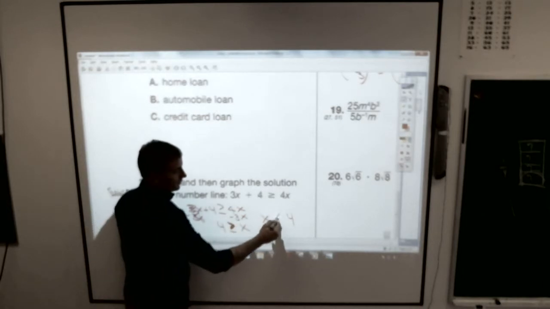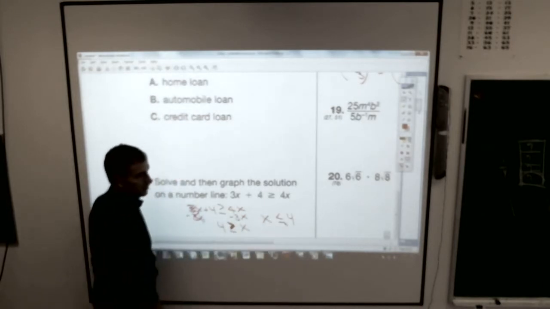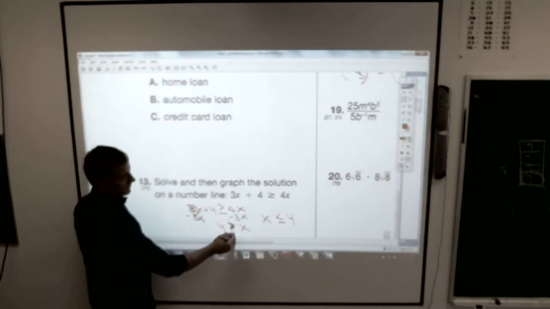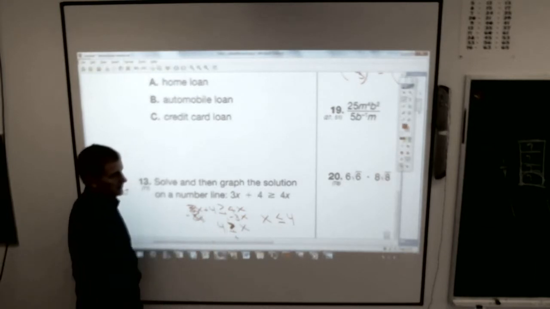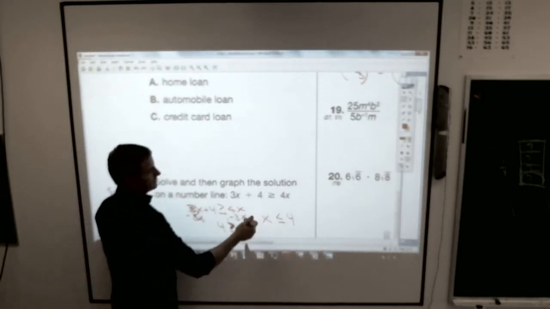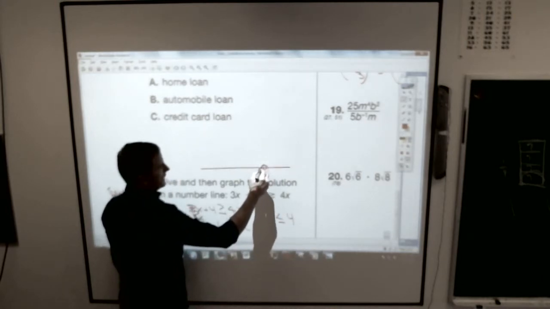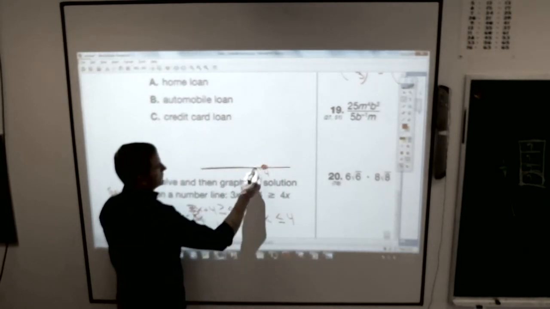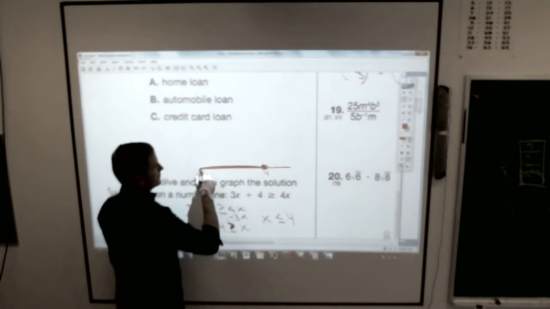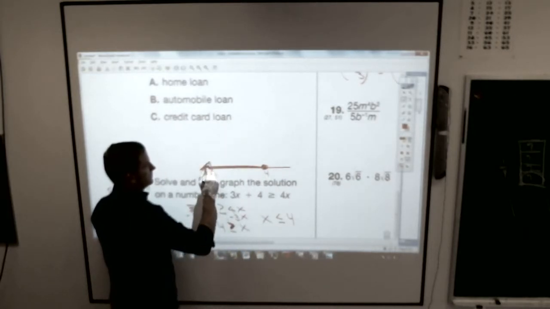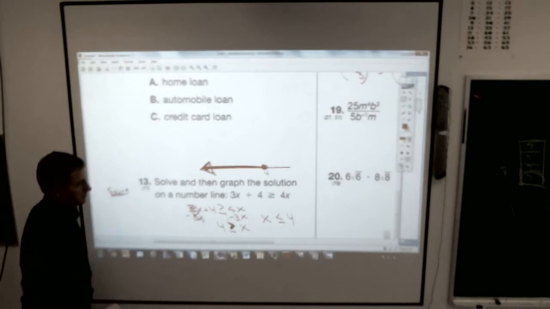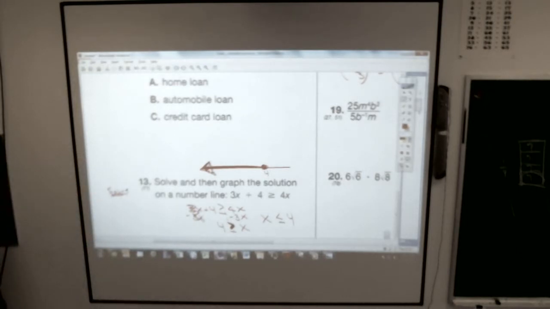So if you flip them around, the sign flips around as well, kind of like it's rotating on a little axis there. So that is solved. And then when you graph it at 4, there's a closed dot, and it goes in this general direction. Does that help?